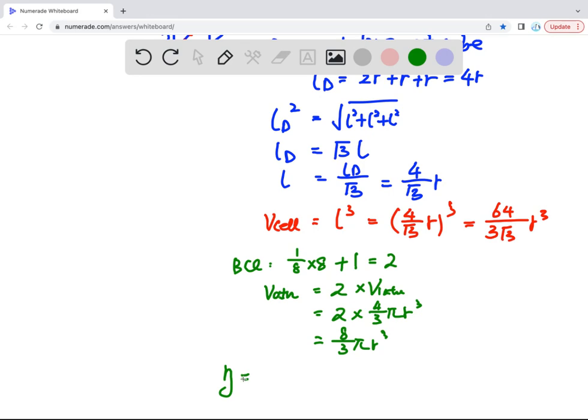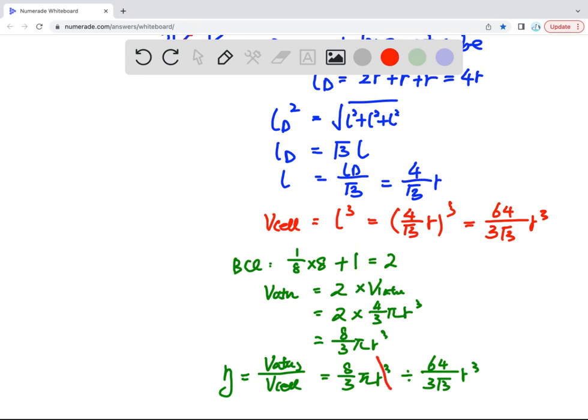So now we can calculate the space efficiency. That is the volume the atoms occupy over the volume of the cell. So that's 8/3 pi r to the power 3 over 64 over 3 times square root 3, r cubed. So we can cancel some parts.